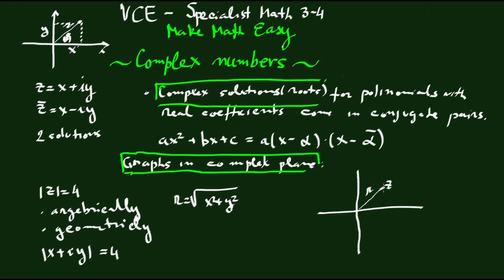This is the distance from the origin. So r is equal to the modulus of z. So we know that our distance r is 4. We can't tell the angle, because x and y, tangent is what? We only know the distance.